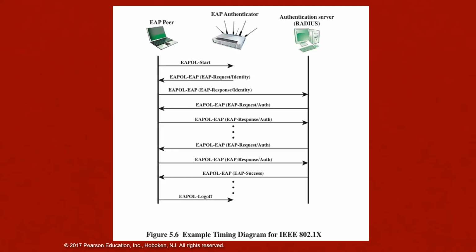The payload for this EAPOL packet. An example is an EAP packet. And the figure shows an example of an exchange using EAPOL. In Chapter 7, we will examine the use of EAP and EAPOL in the context of IEEE 802.11 wireless LAN security.